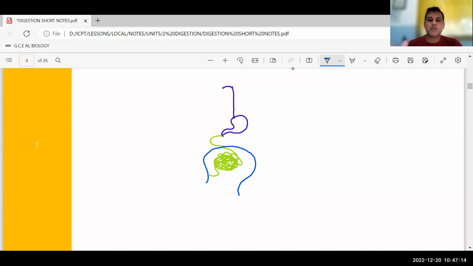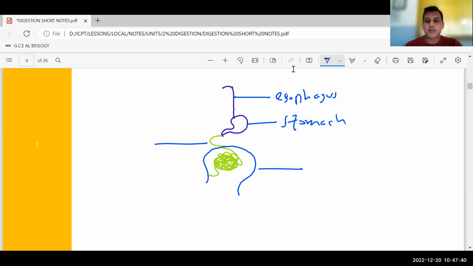Okay, this is a very simplified version. Esophagus, stomach, small intestine, and large intestine. Esophagus, stomach, small intestine, large intestine.